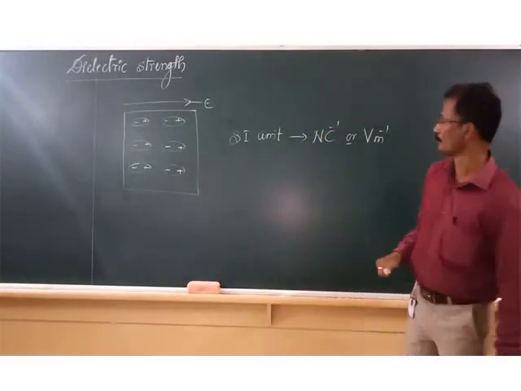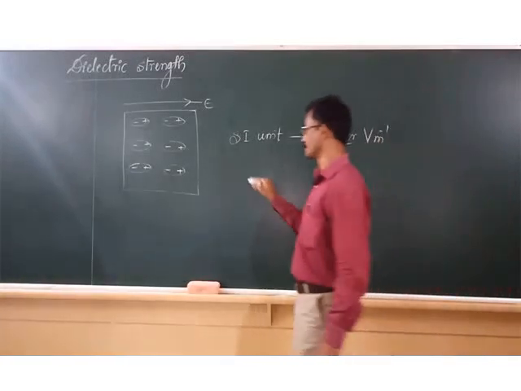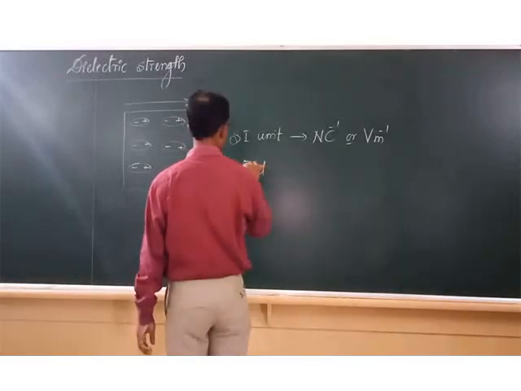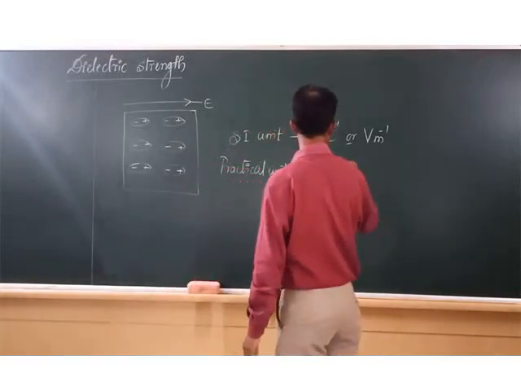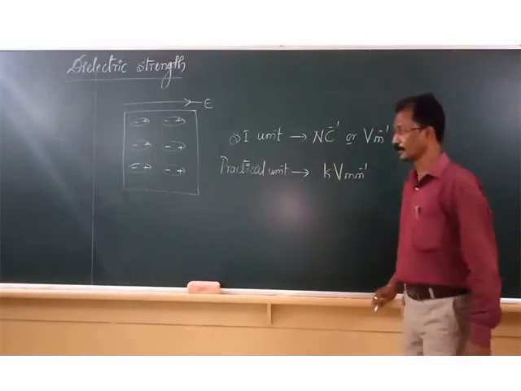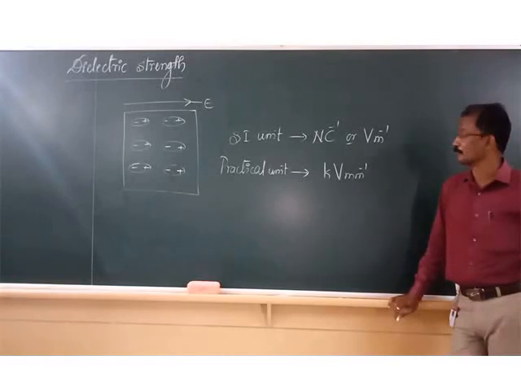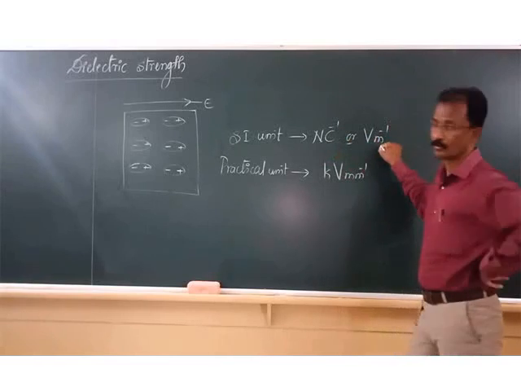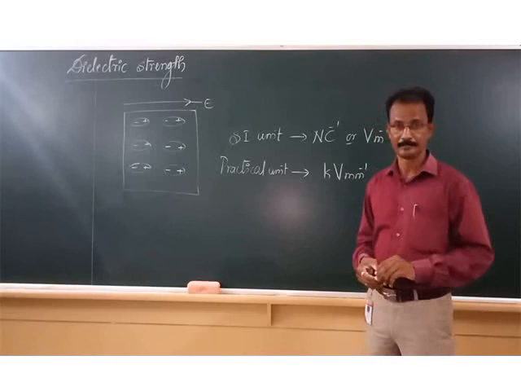The practical unit of the dielectric strength is kilovolt per millimeter. The SI unit is Newton per coulomb or volt per meter. It is the same as the unit for electric intensity.